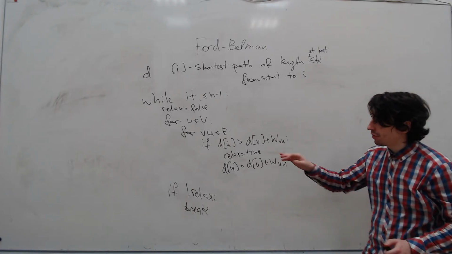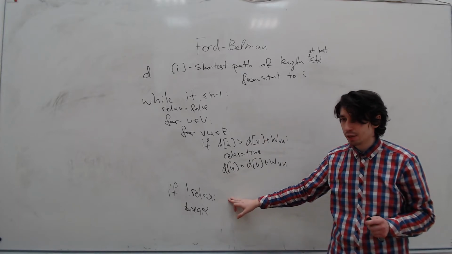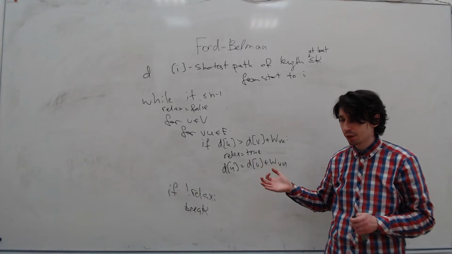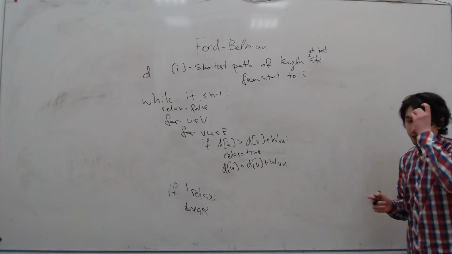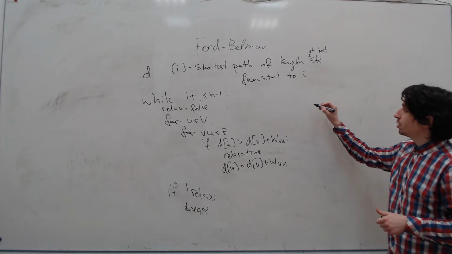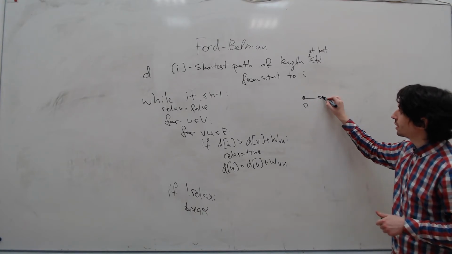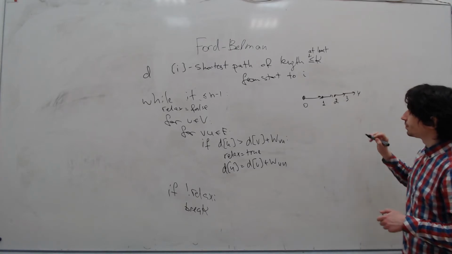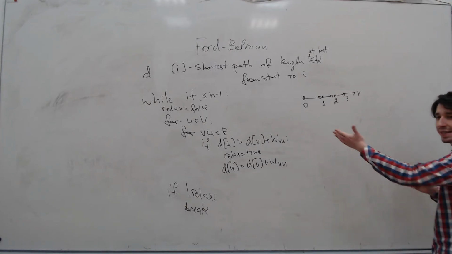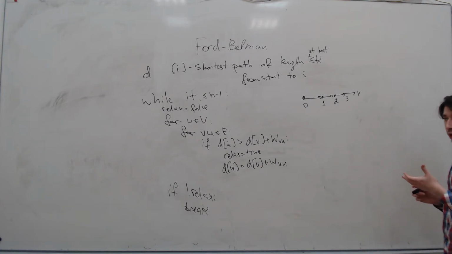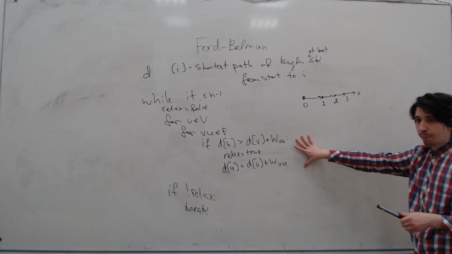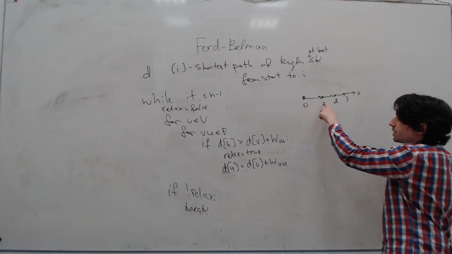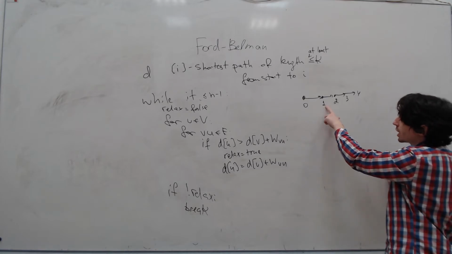That is why the number of relaxations will be less than in the previous algorithm, because sometimes, if you're lucky enough and you have a graph like that, you will be done in one relaxation.